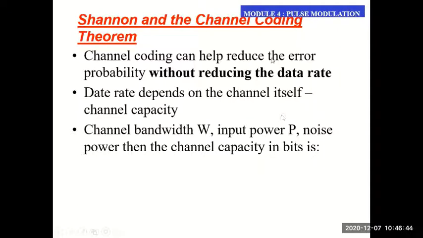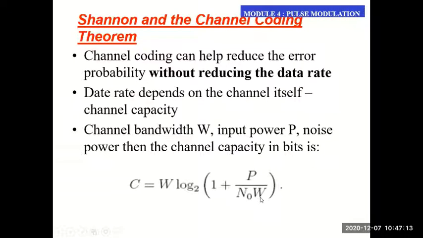Let's say the channel has a bandwidth W, the input signal power P, and noise power is usually N0. If I take the noise power totally, N0 into W in the message bandwidth, then the capacity of the channel can be written as C is equal to W log 1 plus SNR.